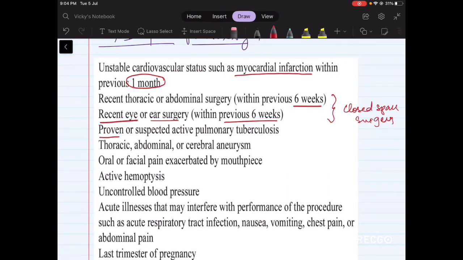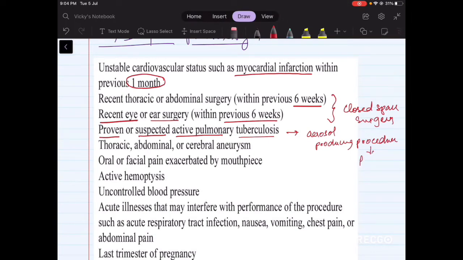Then proven or suspected active pulmonary tuberculosis. This is a contraindication because spirometry is an aerosol producing procedure. What are the other aerosol producing procedures in pulmonary medicine?